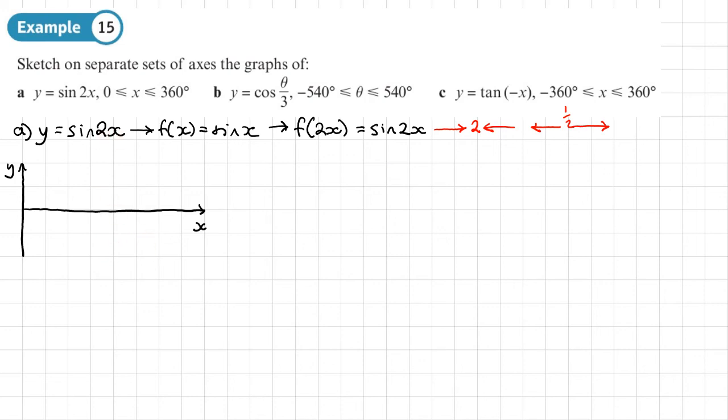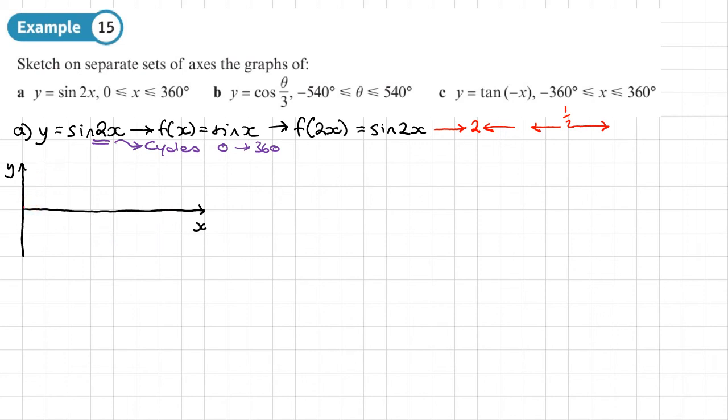And another way that I like to think of it is that this number here gives you the number of cycles between 0 to 360 degrees. Now what do I mean by a cycle? Well, that's one cycle. Yeah, so a cycle takes you back to like the start point again. So with a 2 here, I'm going to draw 2 of these cycles between 0 and 360.